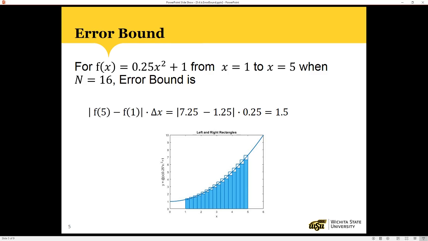In this picture, it's increasing, so f of 5 is bigger than f of 1. And then we multiply by the base. Remember, the base is delta x, or a small difference between the successive values of x. And we get 7.25 minus 1.25 times 1/4, or 1.5, which is indeed bigger than the error we got when we calculated them exactly.